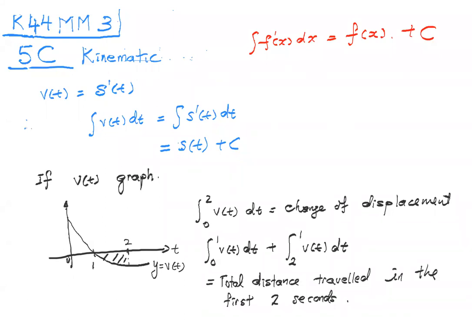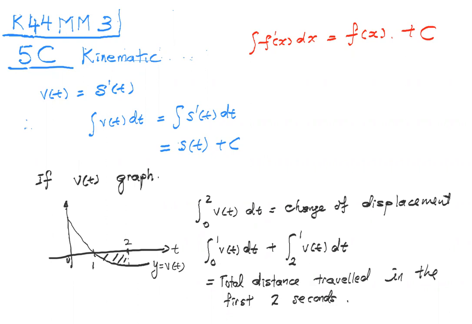Total distance traveled will be the area bounded by the curve. If some of the area is above, some of the area is below, then you have to do it separately. Understand? Okay.